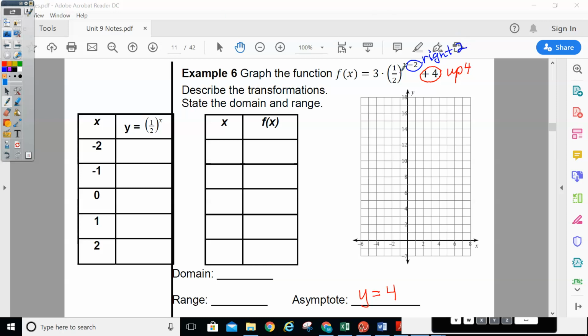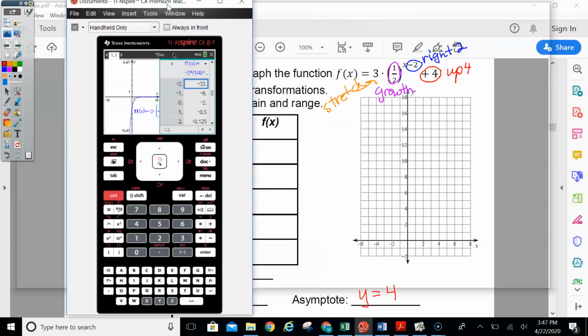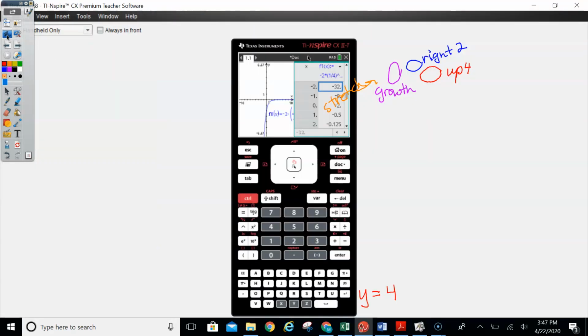The 1/2 tells me that it's a decay, because that's the base. And the 3 in the front tells me that it stretches by 3. Okay, so we're going to type all of this in the calculator and get some points for the graph, and I'll come back and I'll show you how to get some points without the calculator. But this one, since we are shifting it, might be easier just to type it in.